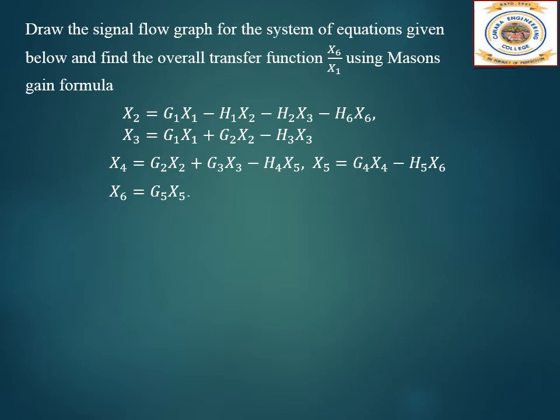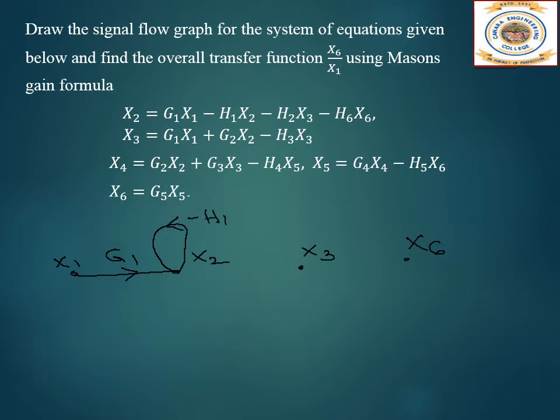Here we know that whatever is on the left hand side is the output, and the remaining all form the input to that. So let me write in terms of nodes. Here it is x1, then this is the output x2, then we have x3, and for this case we have x6. So x2 equals g1 x1, so it comes from x1, so g1, then minus h1 x2, which is nothing but a self loop, so this is minus h1.